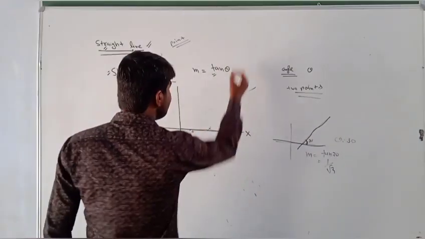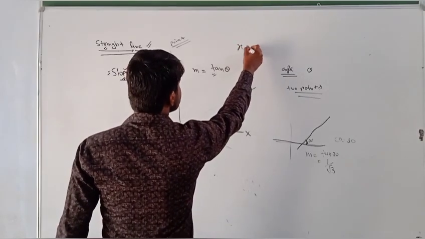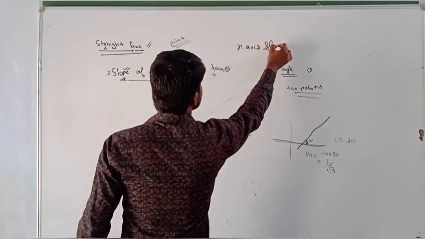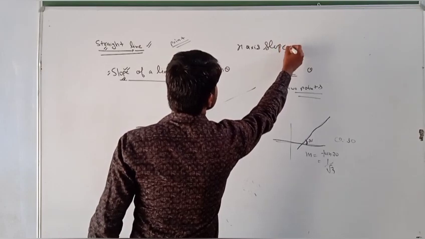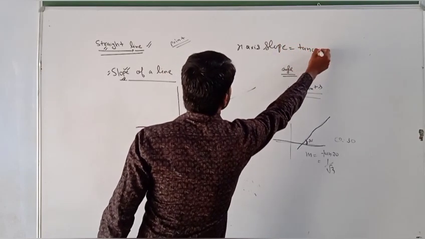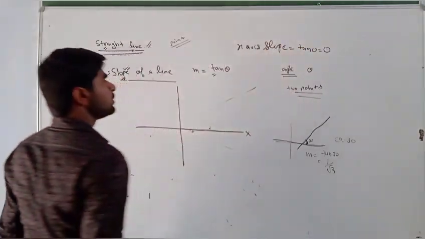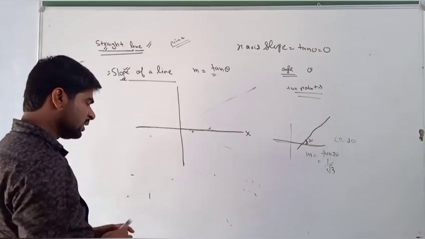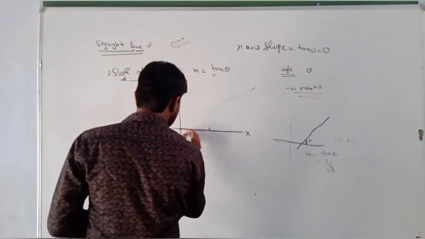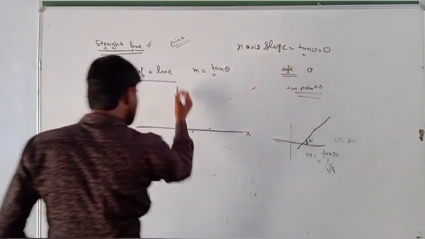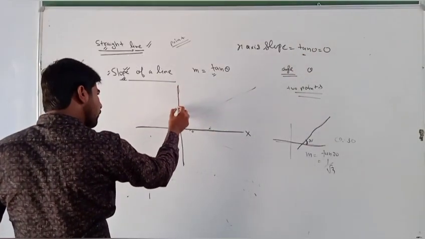So the slope will be tan 0 equals 0. So always the slope of the x-axis will be 0. Now the slope of the y-axis.